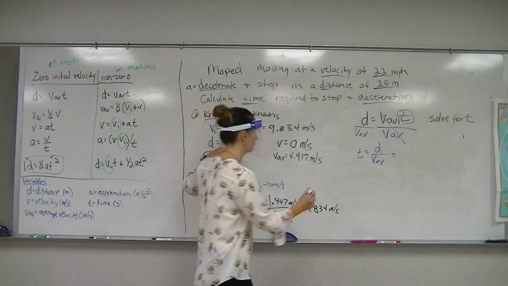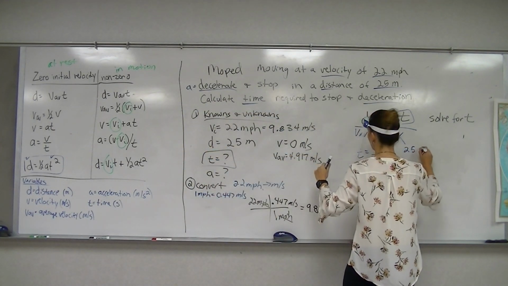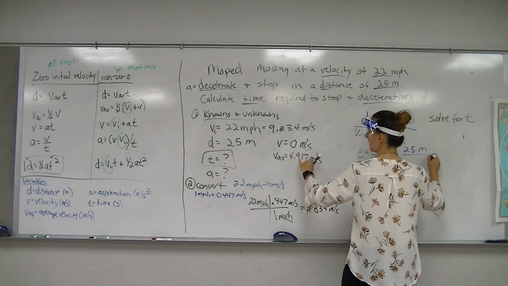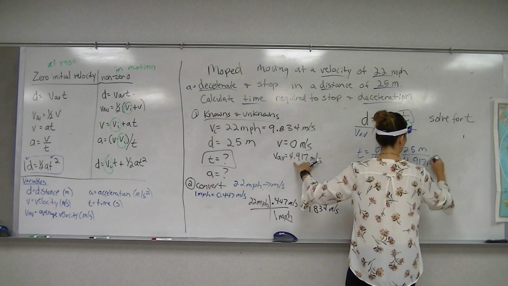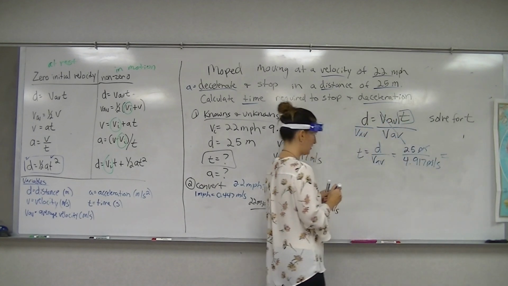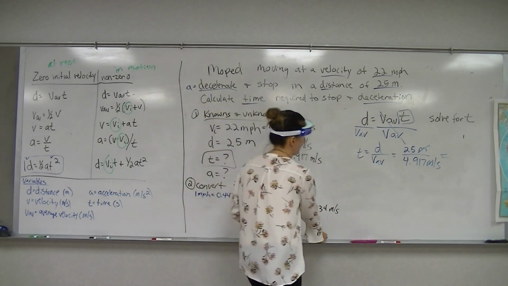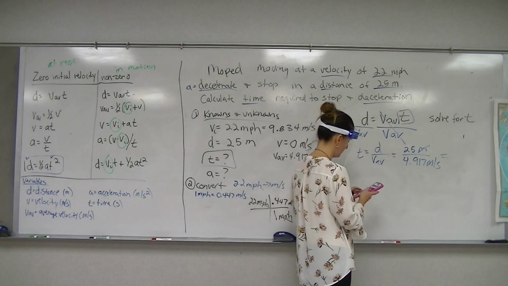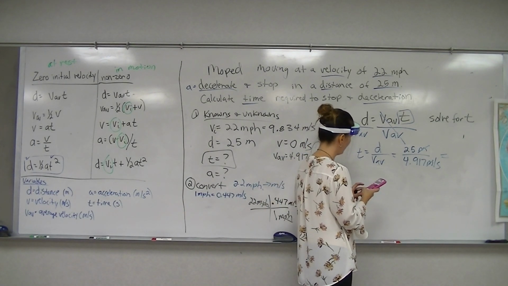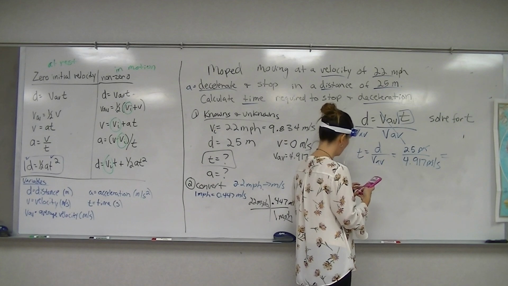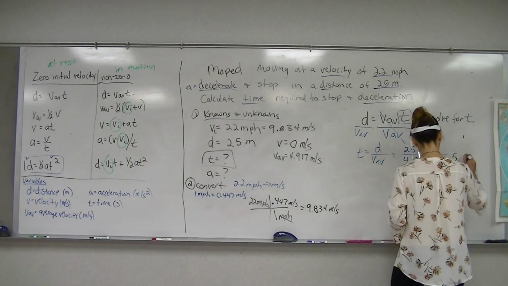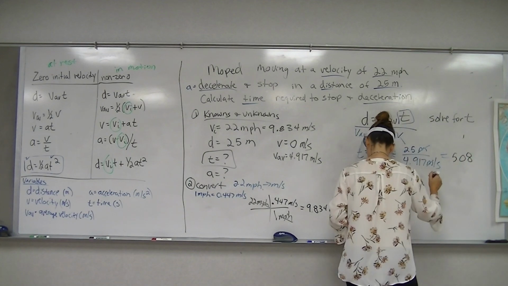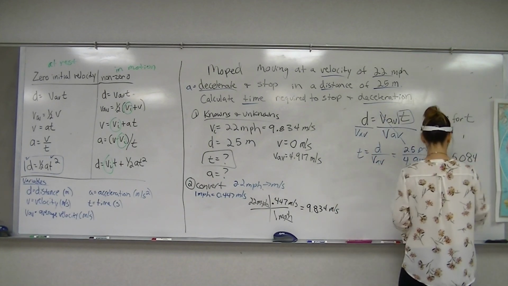And then plug in our 25 meters divided by our average velocity, which is 4.917 meters per second. Meters and meters cancel to give us a time in seconds. So 25 divided by 4.917. So it took that vehicle 5.084 seconds to stop.